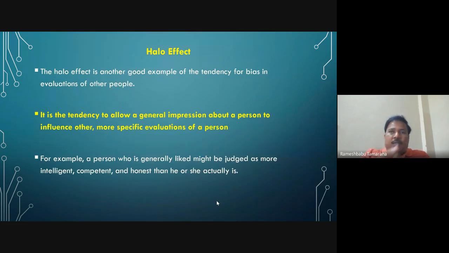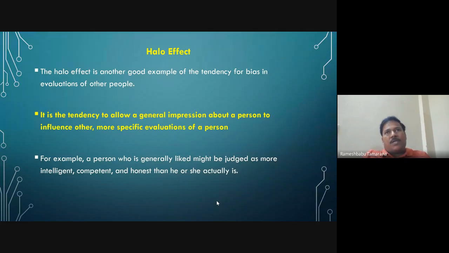The second bias we call the halo effect. The halo effect is another good example of the tendency for bias in evaluating other people's behavior, or in ascribing why a particular individual does something. It is basically the tendency to allow a general impression about a person to influence other more specific evaluations of the person.